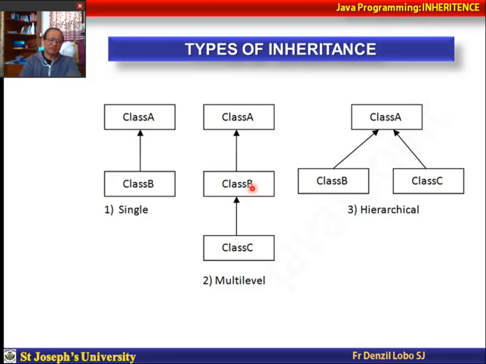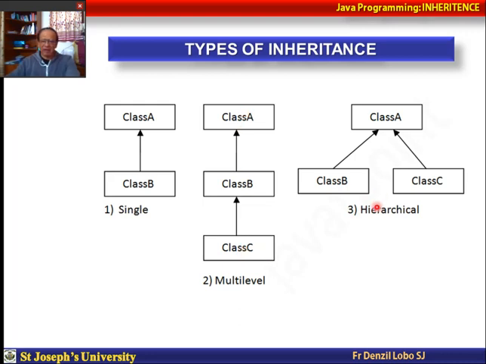So what are the various types of inheritance? You have got single inheritance: a subclass gets the fields and methods of the upper class, the superclass. Here, as you see, there is multi-level inheritance. C inherits B and A, and B inherits only A. So this is called multi-level inheritance.